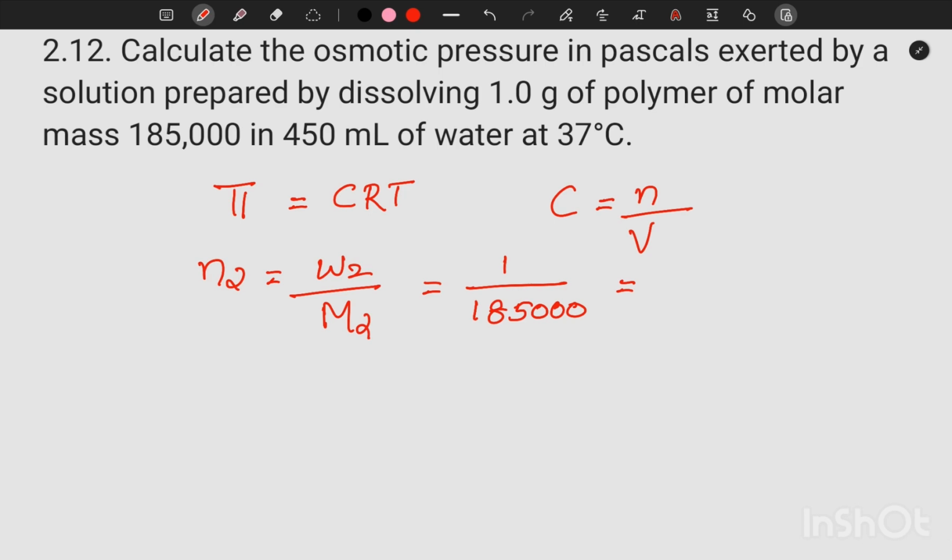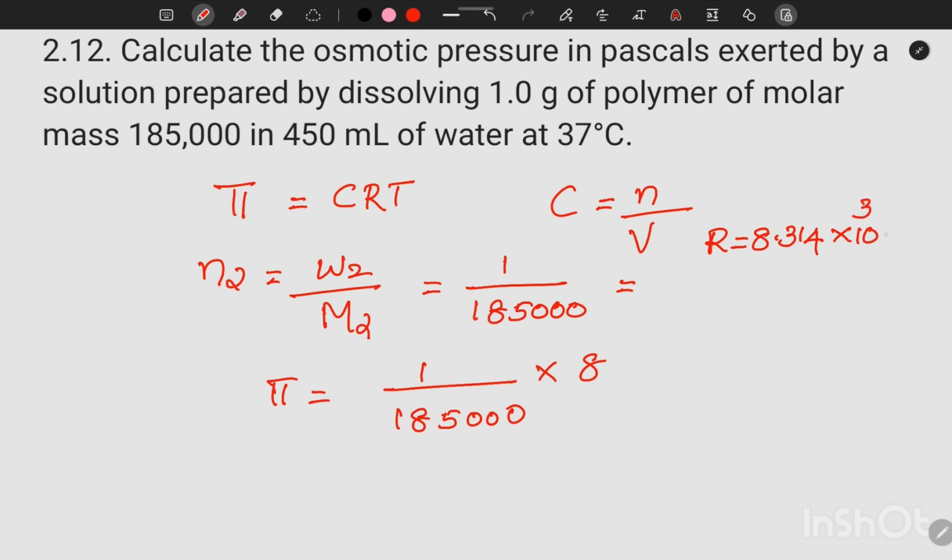Then pi is equal to 1 by 1,85,000. That's the number of moles. Then R value, R is equal to 8.314 joule per Kelvin per mole, or we can write 8.314 into 10 raised to 3 Pascal liter Kelvin raised to -1 mole raised to -1.